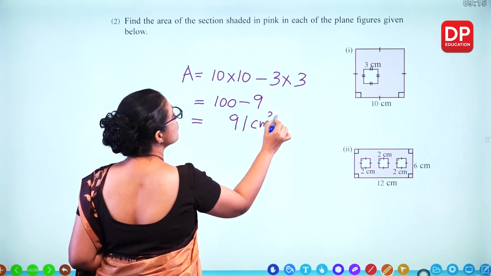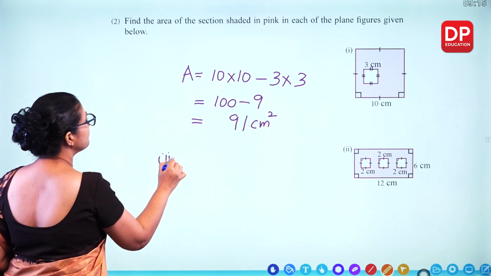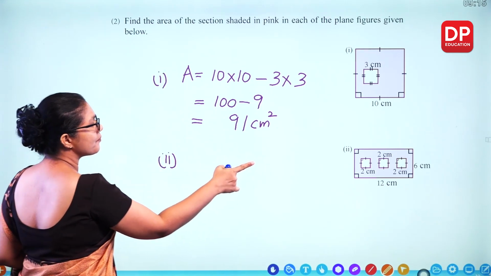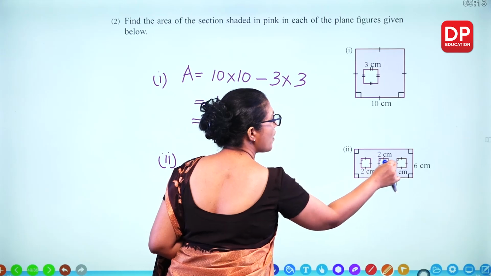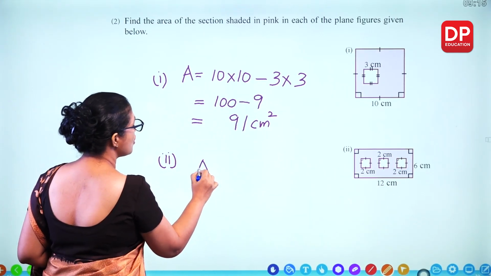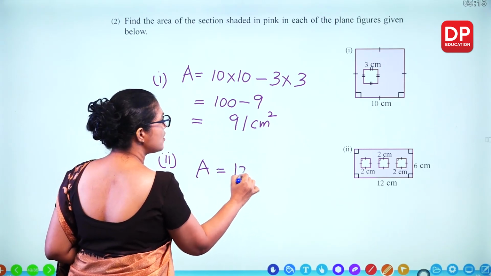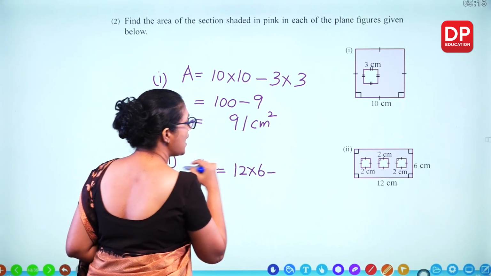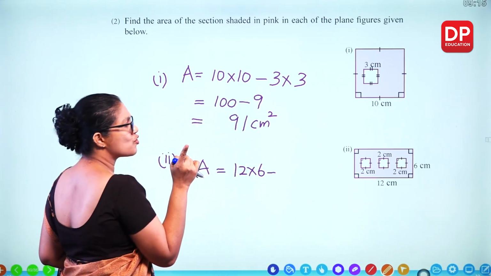91 square centimeters. Part 2. The full rectangle minus the 3 squares, you get the shaded area. So area shaded is equal to, what's the full rectangle area? 12 times 6 minus, each one is 2 times 2 squares.